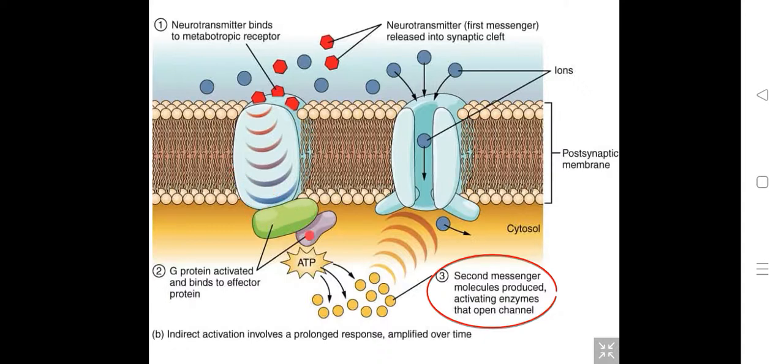It sits over here so that this effector does not float around being exposed to ATP and activating enzymes. It has to be bound in this conformation.